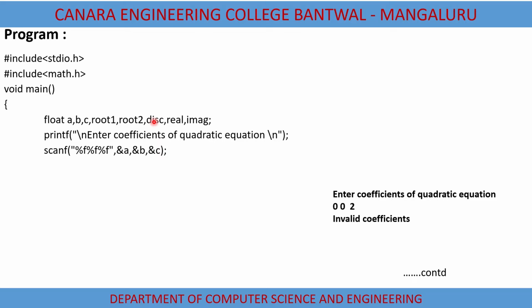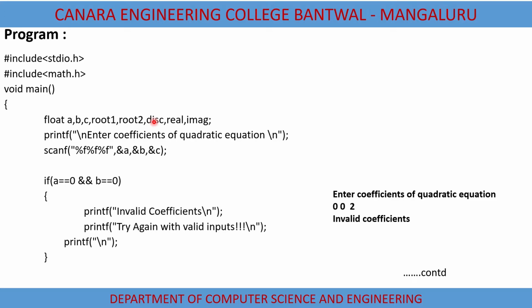Once it is read, I am going to check whether the coefficient values are 0. I am implementing a conditional statement, an if condition, to check whether the first coefficient value and the second coefficient value are zeros. I am checking this by giving if a is equal to 0 and b is equal to 0.